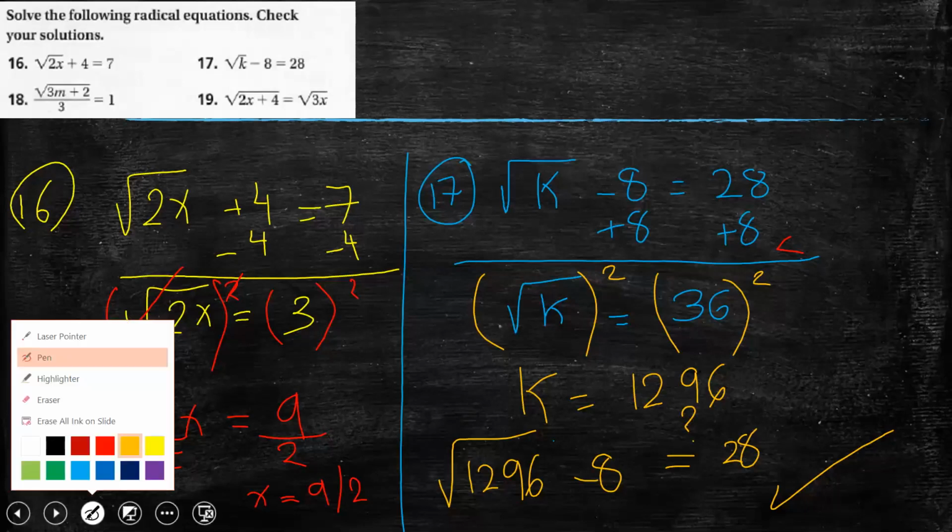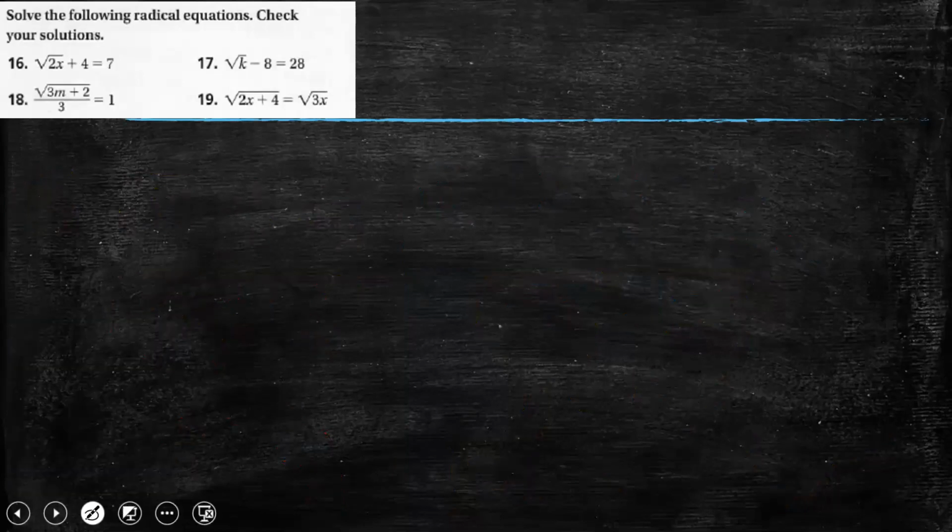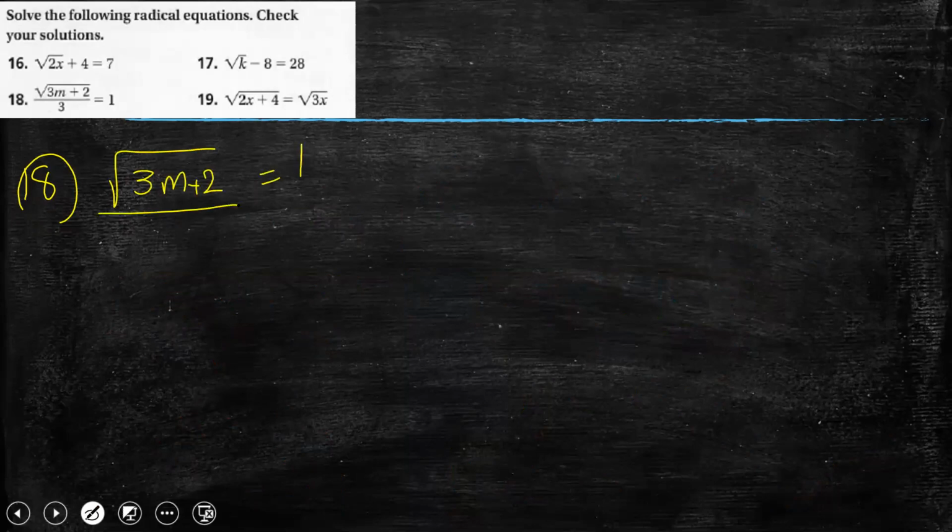So in number 18 here, the first step, you have to multiply by 3, because I want to isolate the radical. So the square root of 3m plus 2 equals 3.